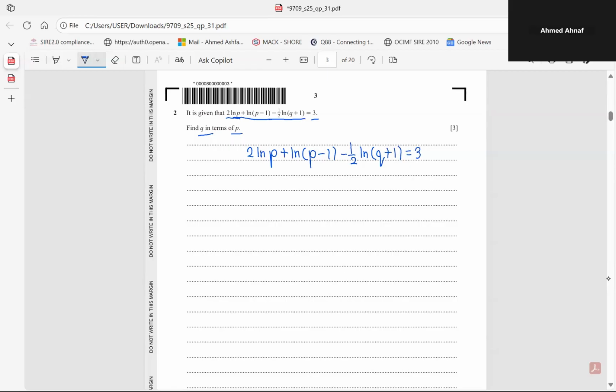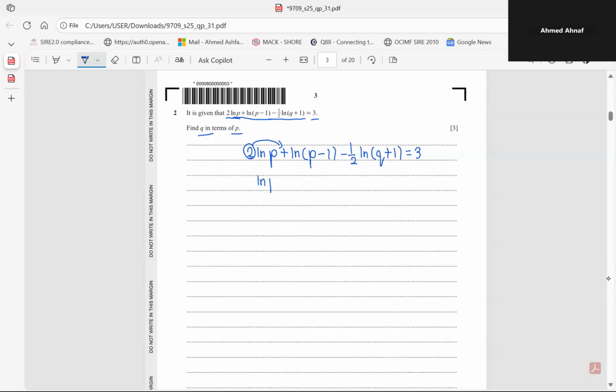And now let's try to simplify this using our laws of logarithms. For the first term, 2 ln p, we can move the 2 up to give us ln p squared.